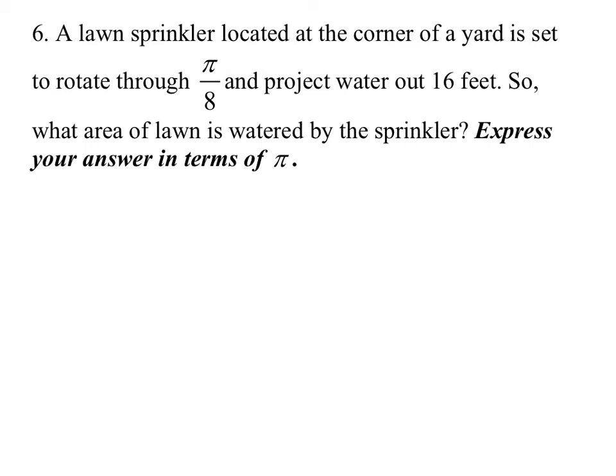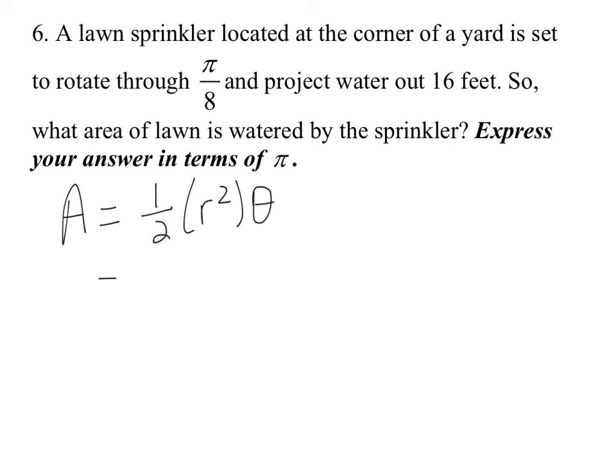Again, we're not going to multiply through with pi. You're going to leave pi alone. But we're going to go ahead and pull the area formula from the top of our test and write it down so that we have it handy so that we can put all of our values into the formula. Okay, so the area formula is 1/2 r squared theta.